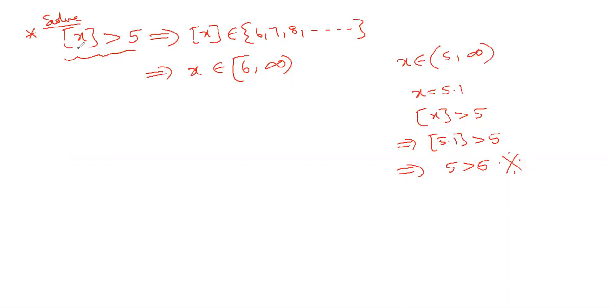You convert the meaning of it into integers, because the integral part is an integer. It cannot be a decimal number. X can be a decimal number, but the integral part cannot. When they say the integral part of x should be greater than 5, it should be any integer greater than 5. That is, anything from 6, 7, 8, 9, and so on.